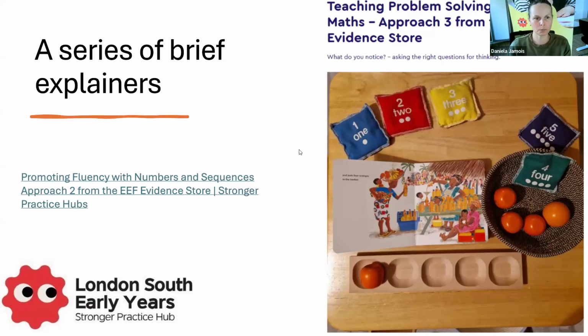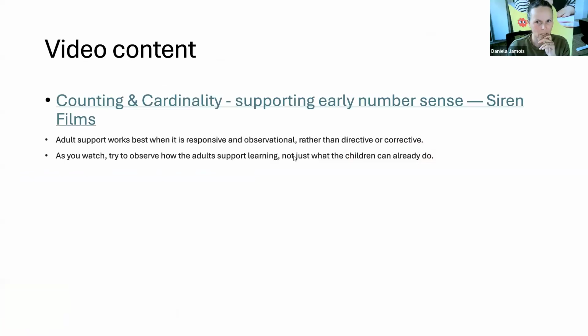Approach number 2, which is promoting fluency with numbers and sequences, is the one that relates to cardinality and counting. So we've written this tiny explainer that you could use. I've also put in a really nice video here about supporting early number sense from Siren Films.